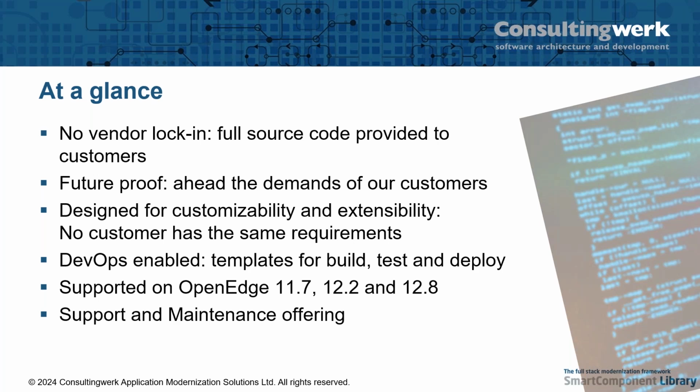That's not really something that computers can take away from you, maybe in the future, but not yet. That's sometimes what's stopping us from releasing on a daily basis. DevOps is an important part of the product or the scene where we're using the product. We have templates for build, test, and deploy scripts or routines.